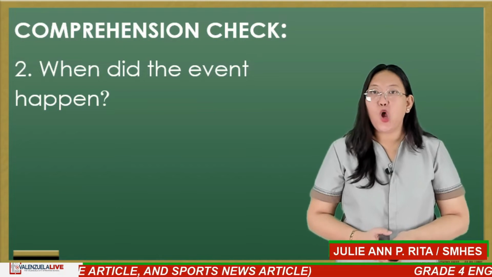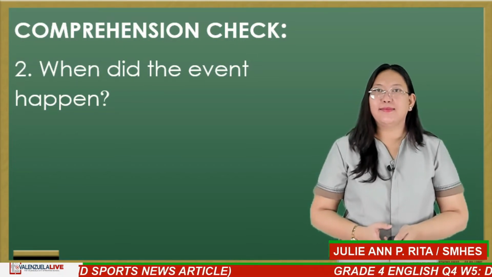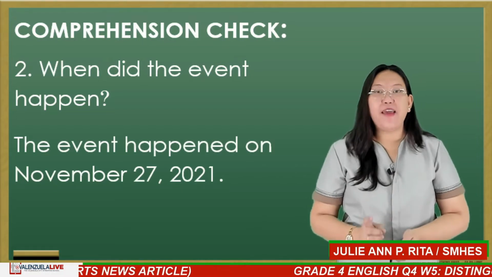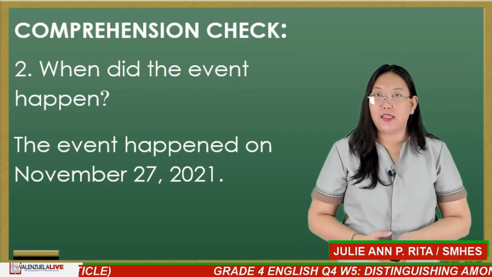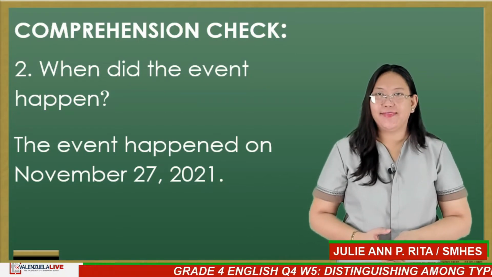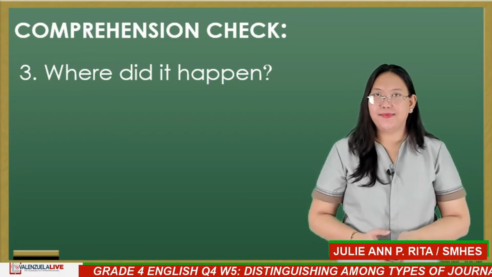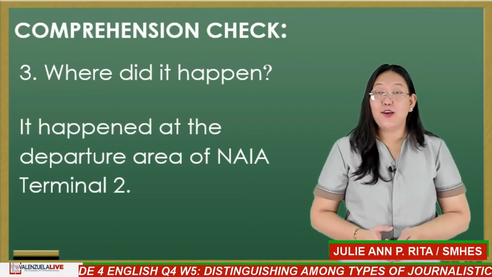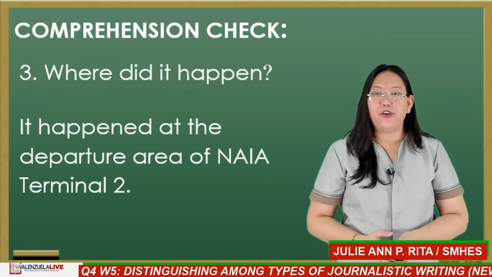Number 2. When did the event happen? Great! The event happened on November 27, 2021. Number 3. Where did it happen? Good job! It happened at the departure area of NAIA Terminal 2.